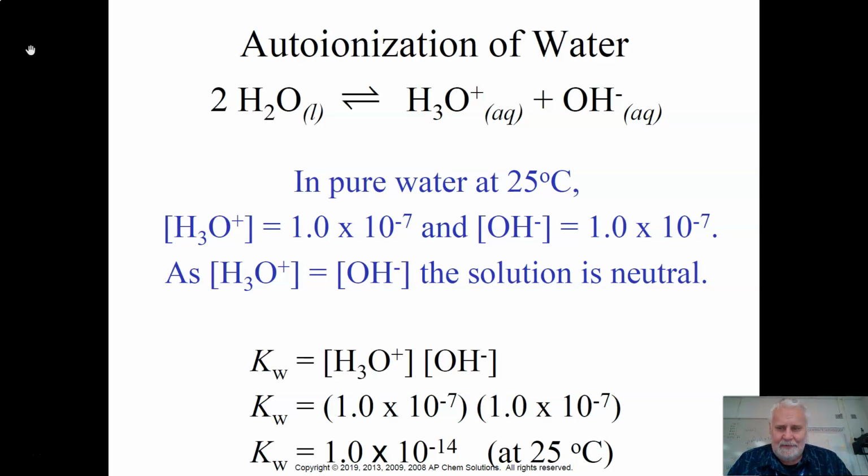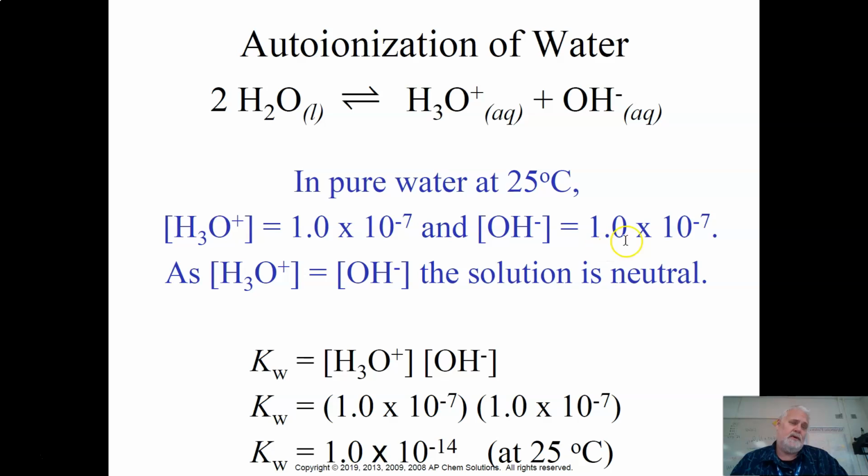But if you look here, water can actually be an acid and a base. It auto-ionizes to a very small degree, to the tune of 1 times 10 to the minus 7th for the hydronium ion or hydrogen ion. We'll use those interchangeably.